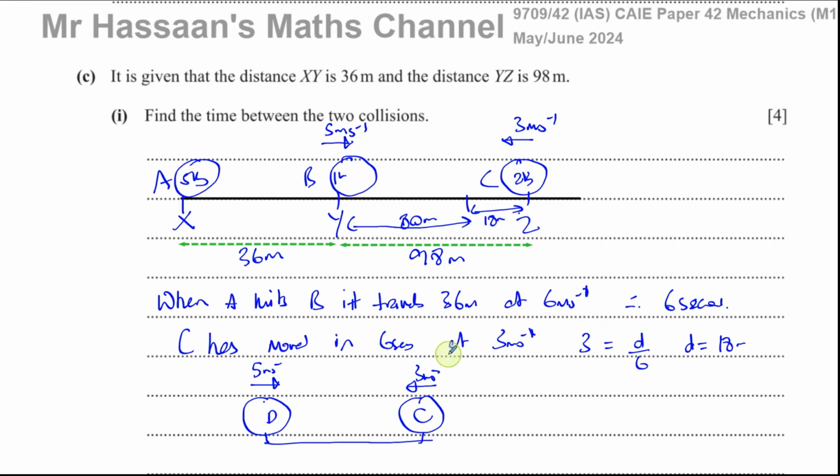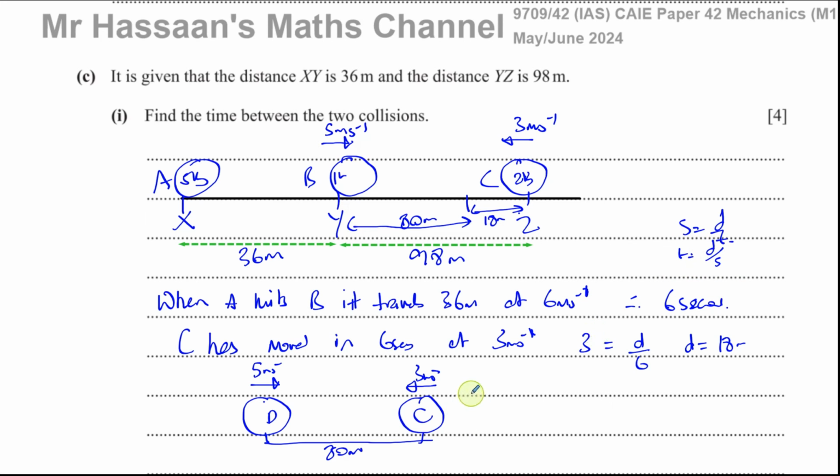The distance between them is 80 meters now. Because by the time A hits B, 6 seconds has passed. Because we know that speed equals distance over time, so time equals distance over speed. So the distance is 36 over 6, which is 6. It's going at constant speed, so we can use this formula for constant speed.